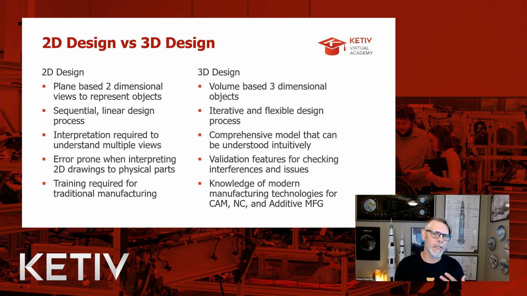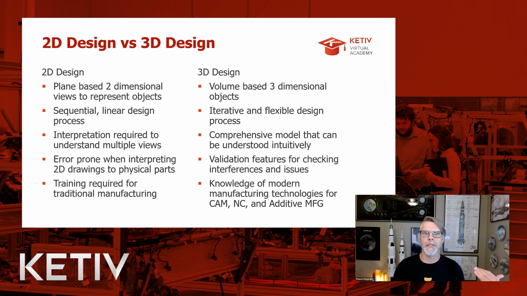What is the difference between 2D design and 3D design? Here are some bullet points highlighting some of those variances. 2D uses very plane-based dimensional views to represent objects. We've got elevation views, isometric views, plan views, all sorts of different views within our drawings for us to be able to start interpreting that information.